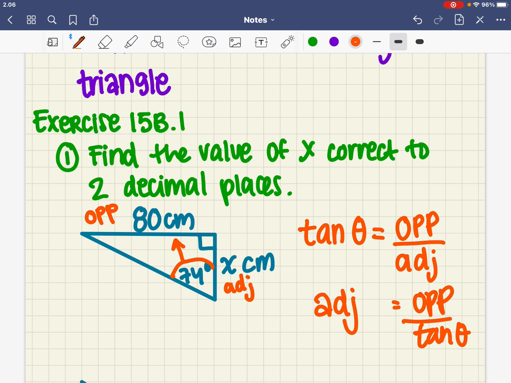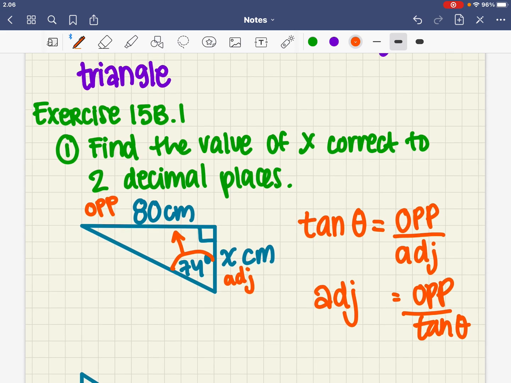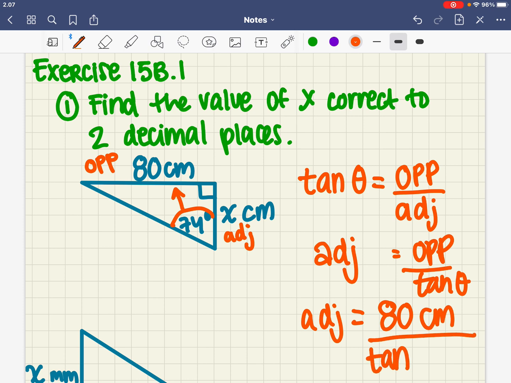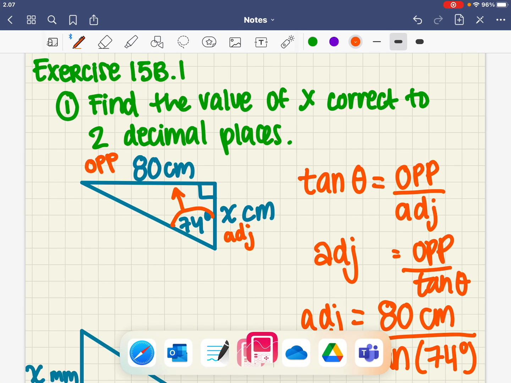You could do this in all of these things. You can just swap them. So opposite over tangent theta, my opposite side is 80 centimeters. And tangent is a function, and I will show you on your calculator. Tangent theta, and just plug in your 74 degrees. Okay, and then we just need to calculate.